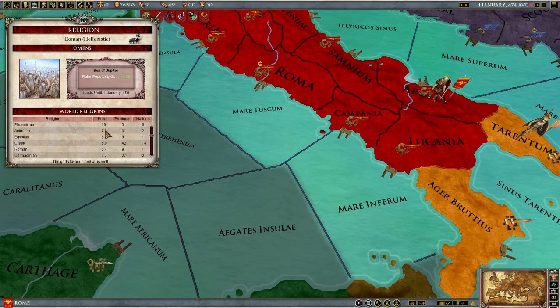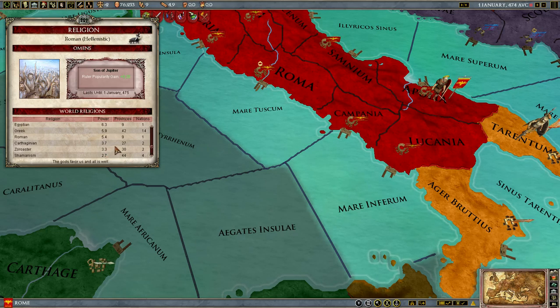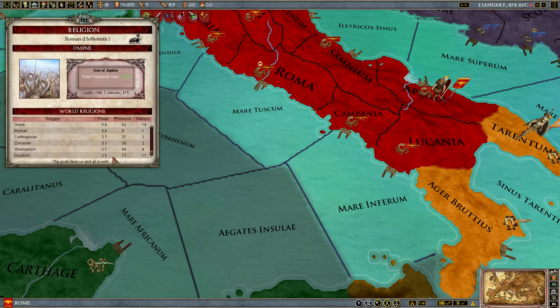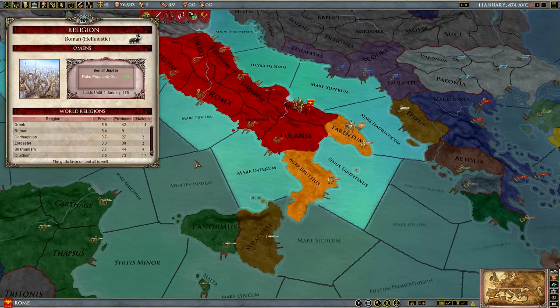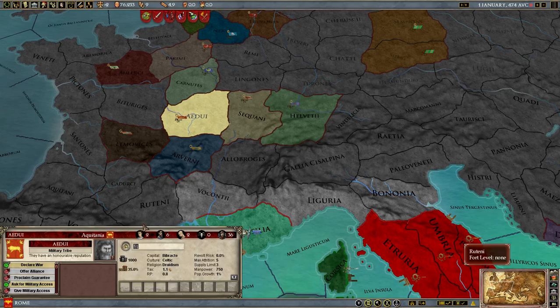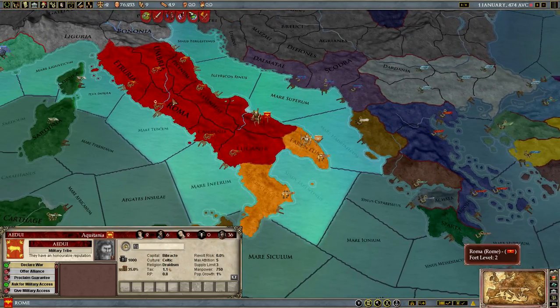Which is actually kind of strange when you look at it. It's extremely odd, and the math is really weird on it. I mean, you'd think Greek would be a lot stronger with this. They're one of the largest world religions. Druidism, being the largest religion, is actually the weakest. And this is due to various other factors. One, all of the Druidists are nothing but tribes, whereas we are civilized.